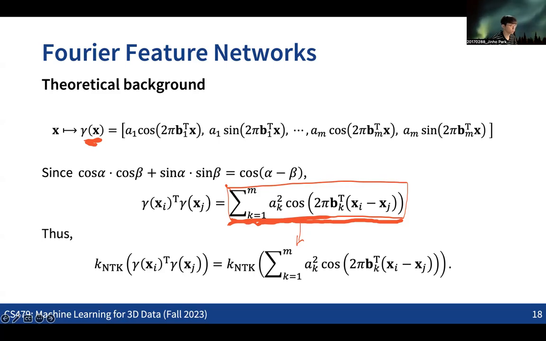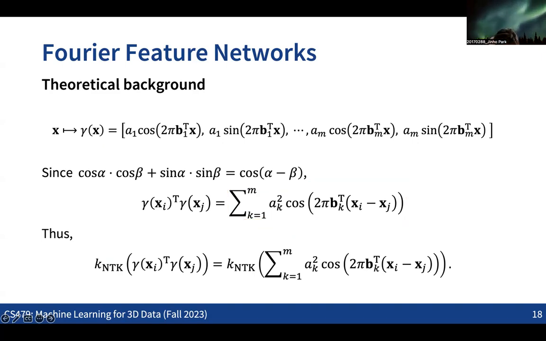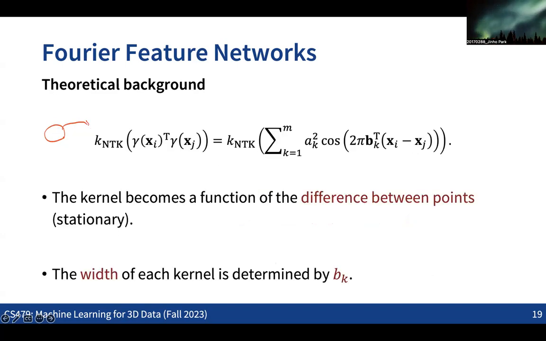So in a typical neural net, we are learning the function with a kernel that takes the dot product as the input. But if we first map all the input data with sinusoid functions, then we are making a function with a kernel that now takes the difference of the two data points.